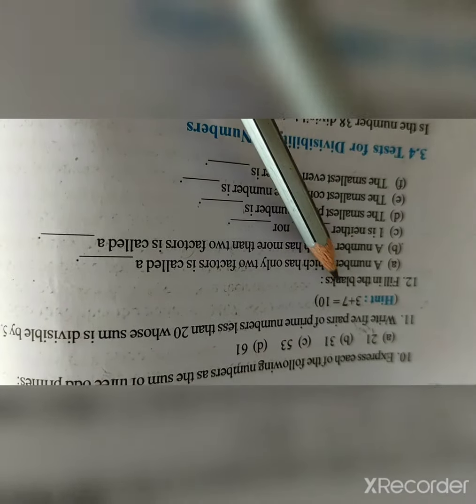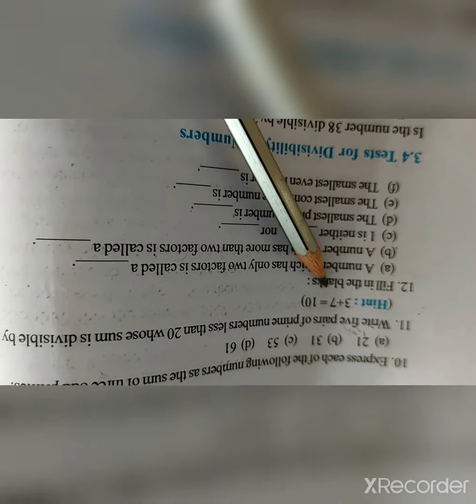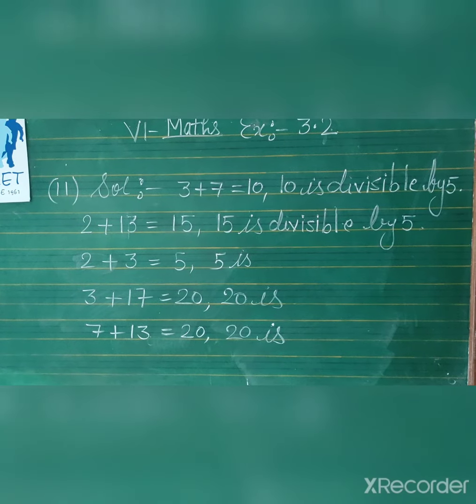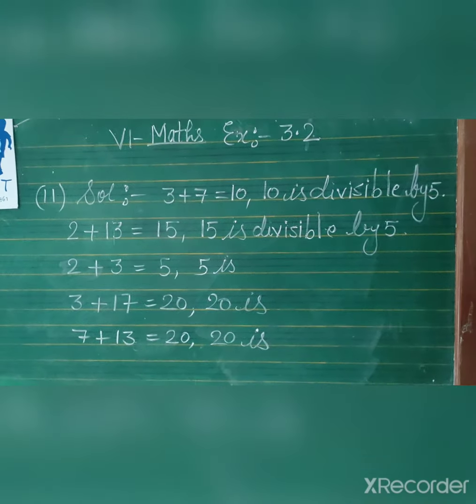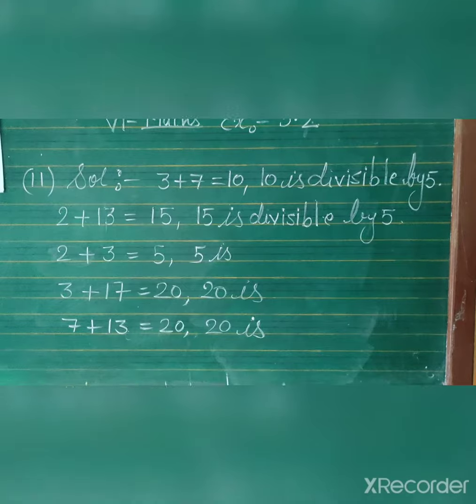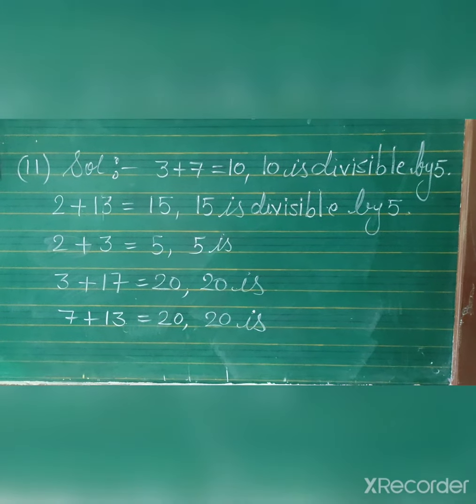So we will write addition of 2 prime numbers in such a way that the result will be divisible by 5. So let us start. Children, in the 11th question you will make a correction. There is written less than 20.